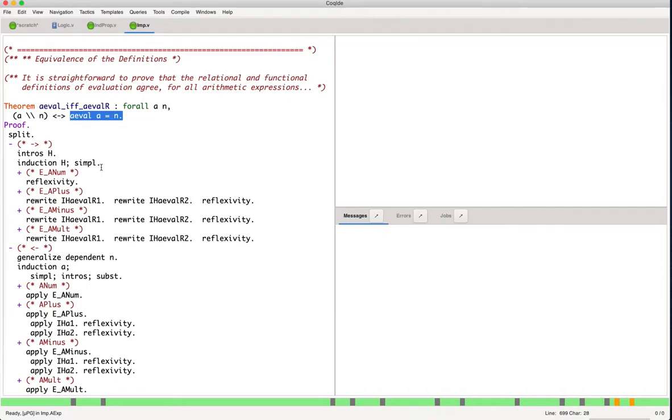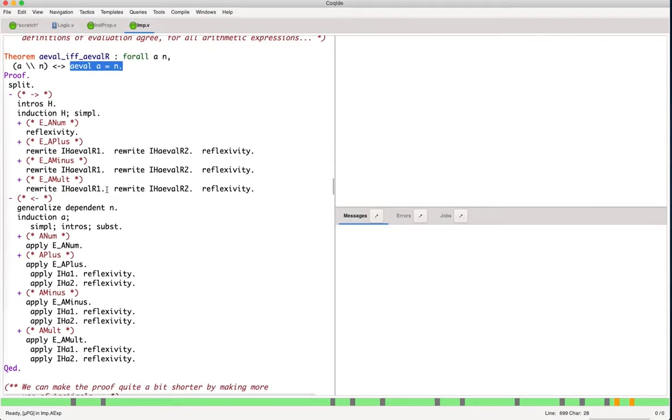Okay, so this proves that these two definitions are equivalent, right? You can use them interchangeably depending on what the circumstances are and what's more convenient, whether you need a relational style or a functional style.